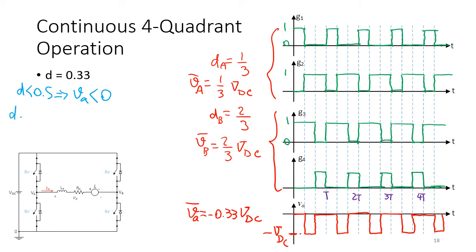For D equal to half, VA average will be equal to 0. It's the case when you want some installment on your rotating machine. You keep the VA 0 and installment will be achieved. Any question here?